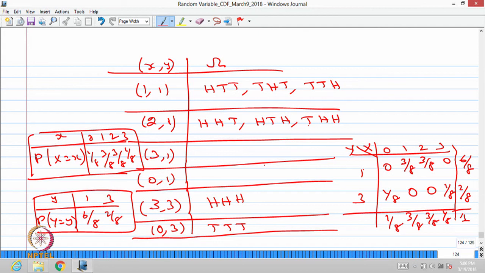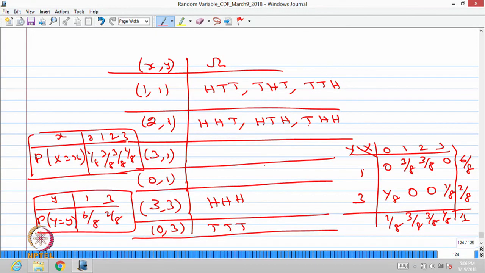But here what I am saying is, if you know the joint distribution, you can always get the marginal distribution. The converse is not true. That means from the marginals one cannot always get the joint, whereas from the joint distribution you can always get the marginals. Therefore, here we get the probability mass functions of x and y from the joint probability mass function of x comma y.